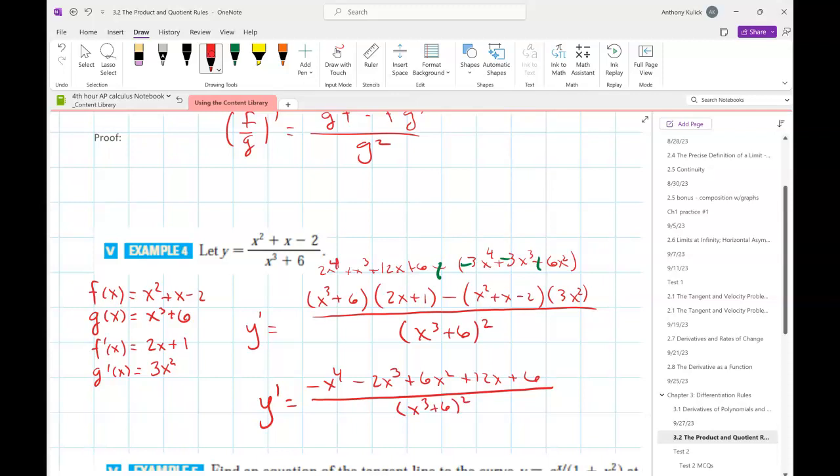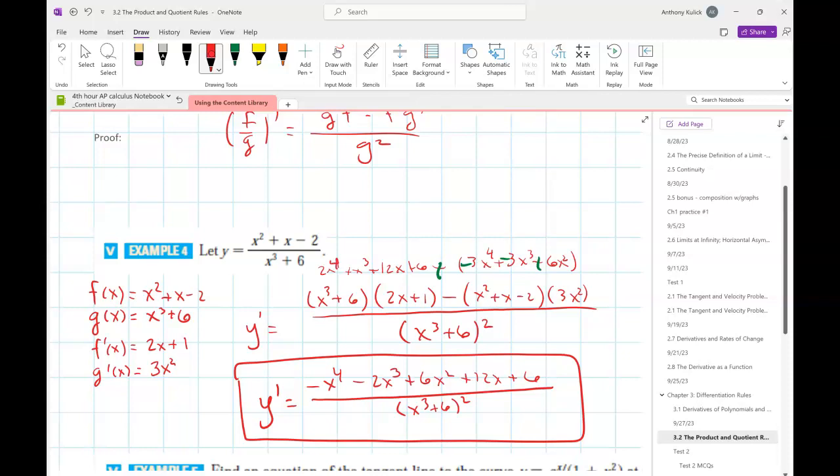And I wouldn't FOIL that out. Is that okay? This is the recommended way to do it, is to do each piece separately, and then put it back together at the end.